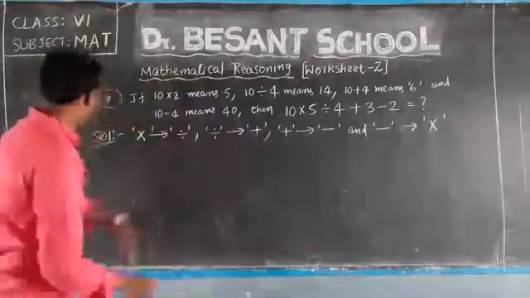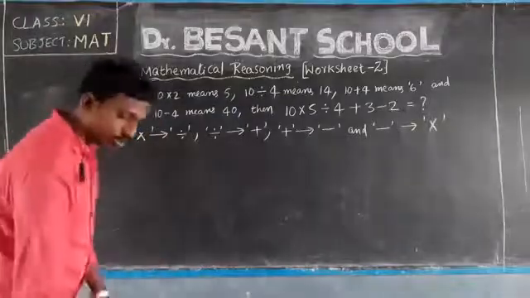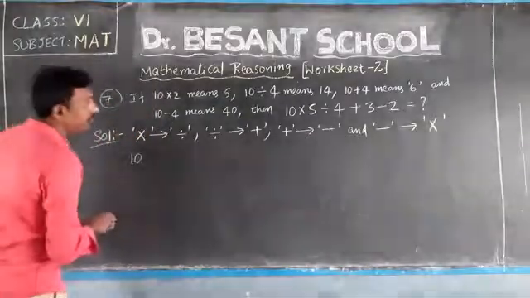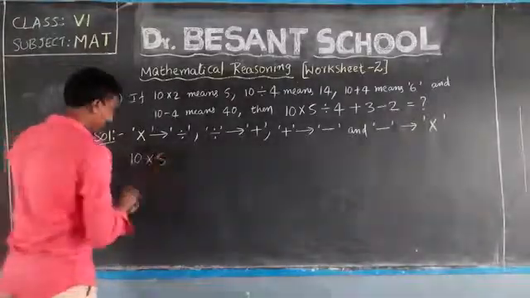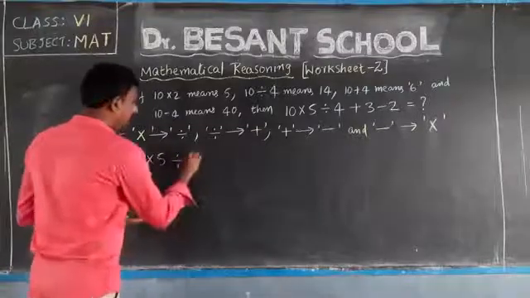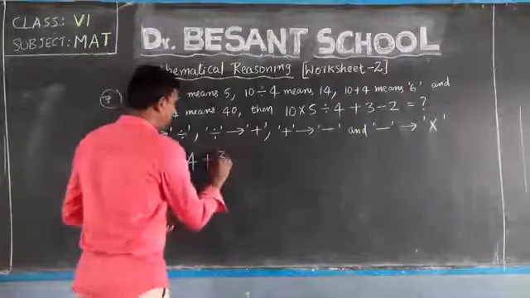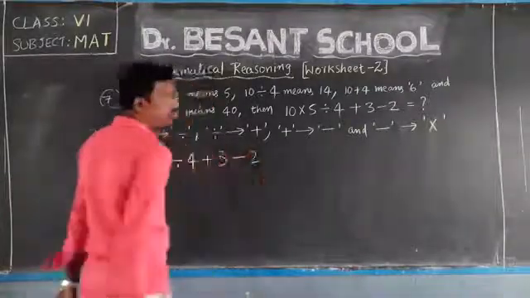Now, what is the question given? 10 into 5 divided by 4 plus 3 minus 2.